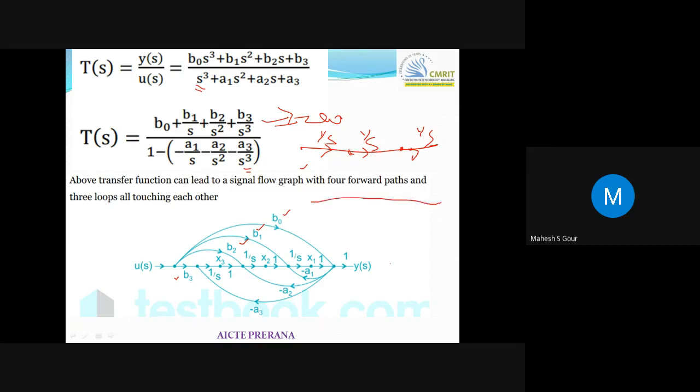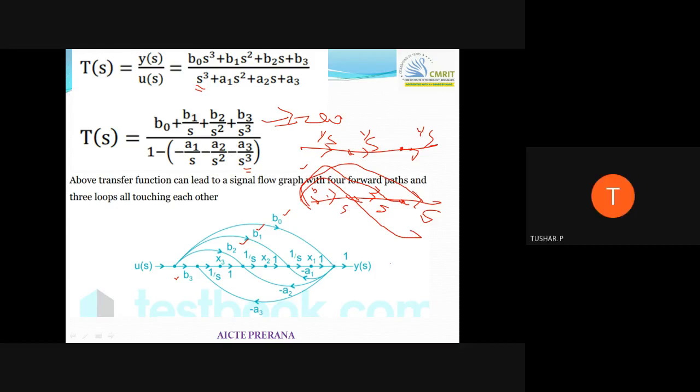Then I can write s, s and s. So you can take 3 points, and b0 will be coming here, which is getting multiplied with all the three. And b1 will be taking a jump from here, and b2 will be going like this, and b3 will go directly. If I take s instead of 1 by s, it will change. Understood now?